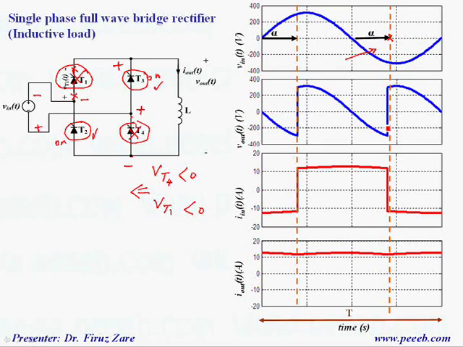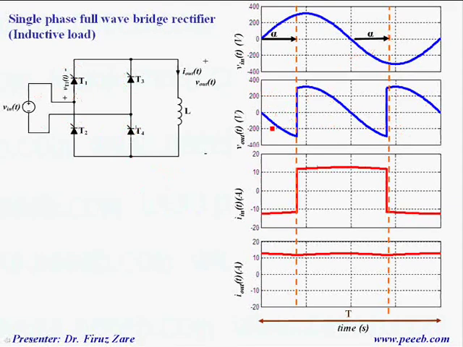So this is the output voltage when we turn on T1 and T4, and this is the output voltage when we turn on T2 and T3. Now we can look at the input current.